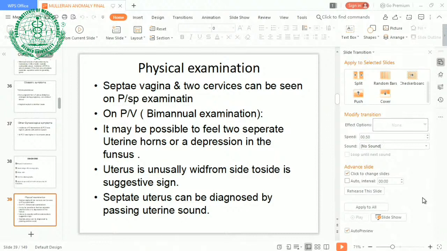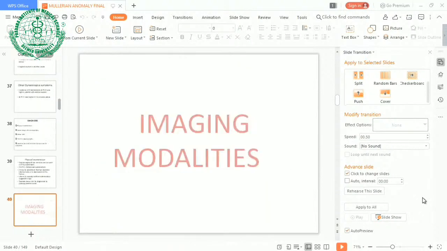On PV examination, it may be possible to feel two separate uterine horns or a depression in the fundus. A uterus that is unusually wide from side to side is suggestive. This is a suggestive sign. Septate uterus can be diagnosed by passing a uterine sound.